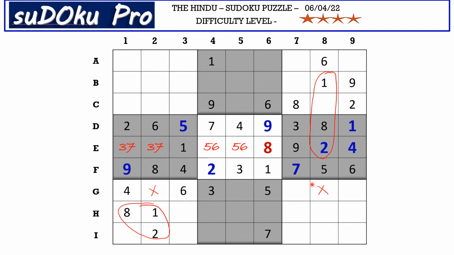And now there are only 3 cells left. So these 3 cells will take these 3 numbers 1, 2 and 8. Now you have 1 and 2 in column 9 blocking this cell. So G9 takes 8 and 1 and 2 go in G5 and G7.